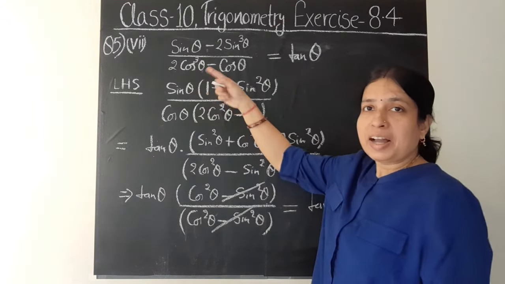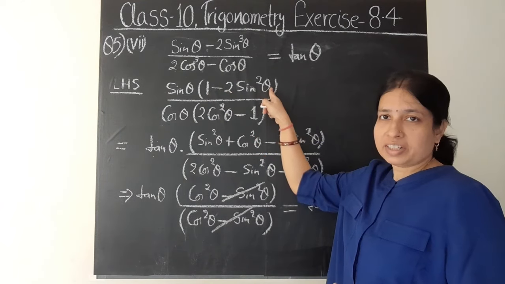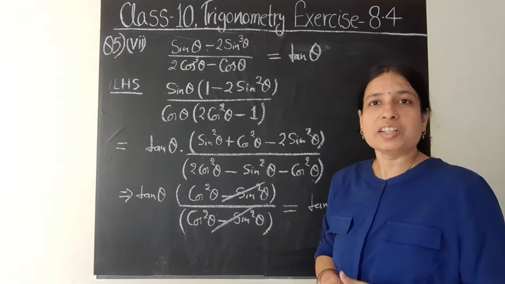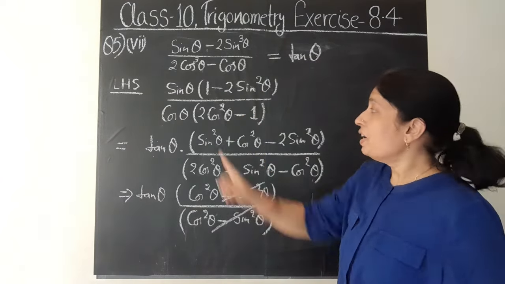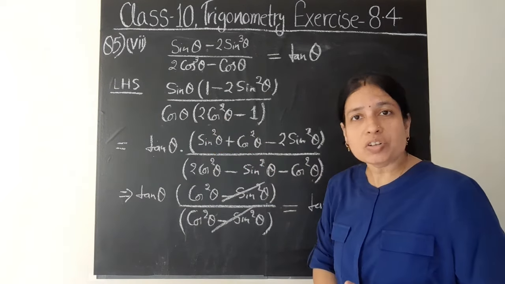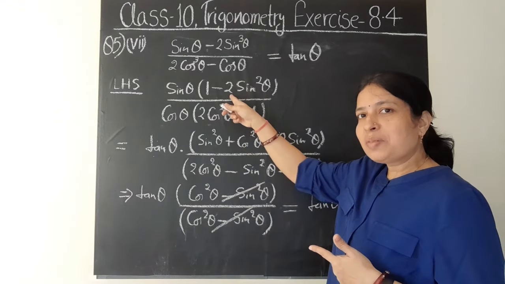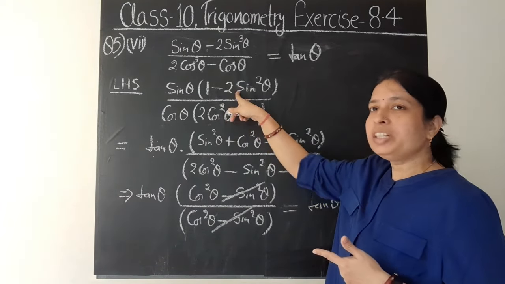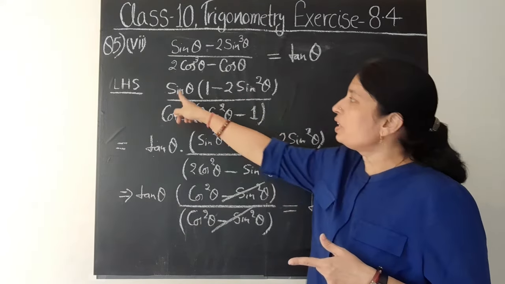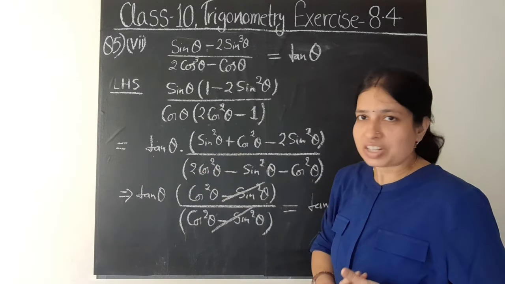In higher classes it is given that 1 minus 2 sin square theta, given in class 11, is equal to cos 2 theta, and 2 cos square theta minus 1 is also cos 2 theta. So in that form you can write directly cos 2 theta divided by cos 2 theta. So it will cut and you will get here tan theta. But in your class this formula is not given.